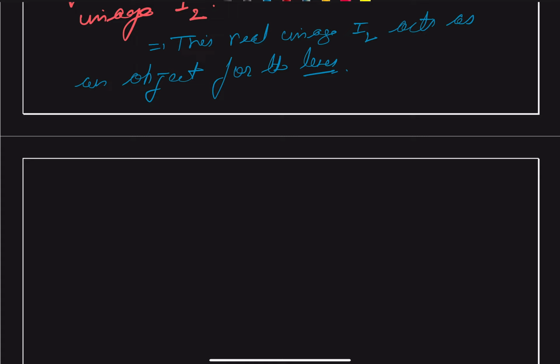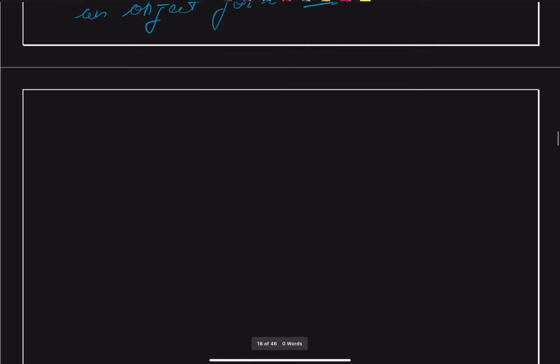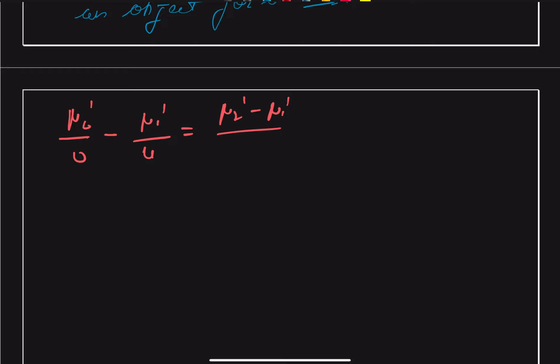So we can use mu2 prime divided by v minus mu1 prime divided by u equal to (mu2 prime minus mu1 prime) divided by r1 plus (mu3 prime minus mu2 prime) divided by r2.